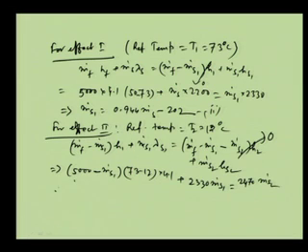So, we can find out that m dot s2 is equal to 0.842 m dot s1 plus 506. Now, this is equation 3.